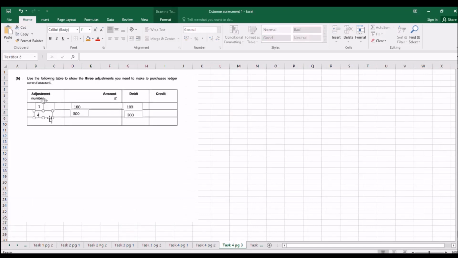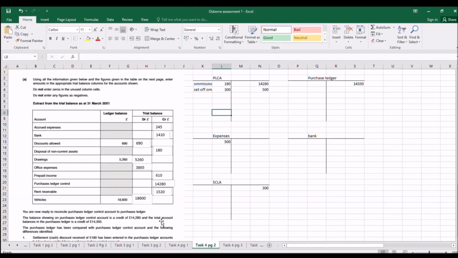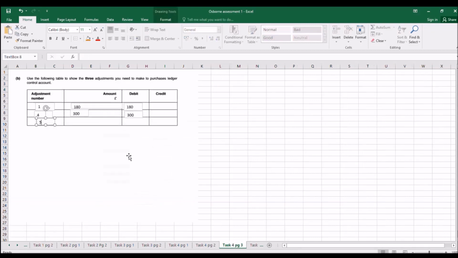So let's put that one in now. Number 5, and the amount of, what was it? Let's just go back and check it. What was it? 550. Sorry, not 500. 550. And let's just get that.